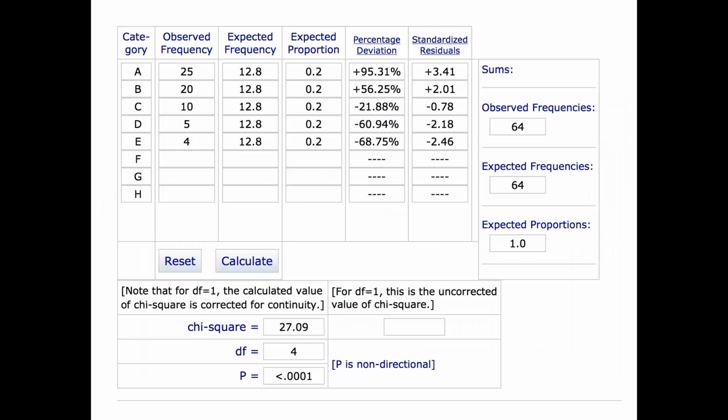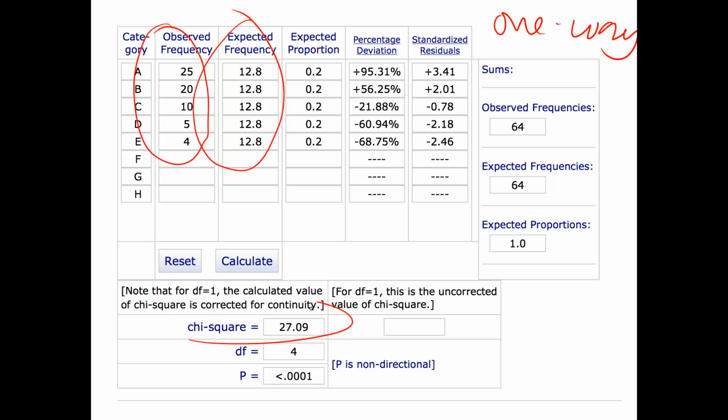So I used VasterStats one-way chi-square page to do this. And what you do is you enter the observed frequencies here and the expected frequencies here, and it will calculate out everything for you. And then here's chi-square down here. So I got 2709. I can check, make sure I did the right degrees of freedom.